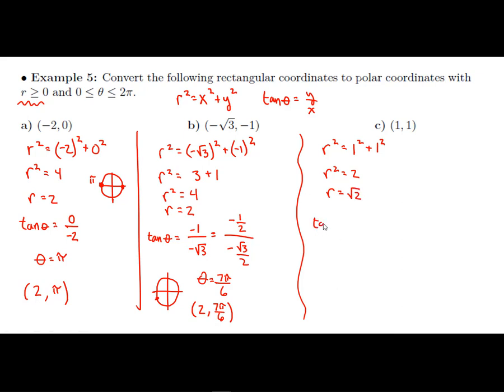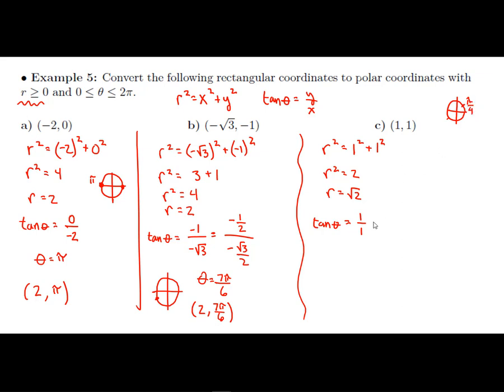And then I have the tangent of theta is equal to 1 over 1. So when is the tangent of theta equal to 1? Or in other words, when are the sine and the cosine both the same? Well, we know that's happening at pi over 4, and it also does happen at 5 pi over 4, but it's pi over 4 when both are positive.